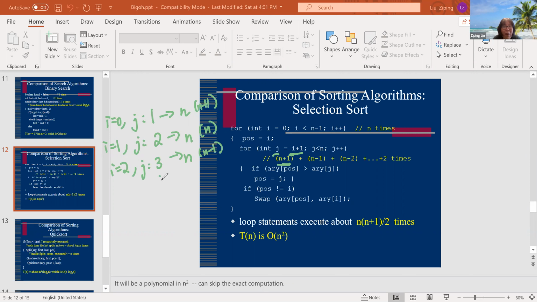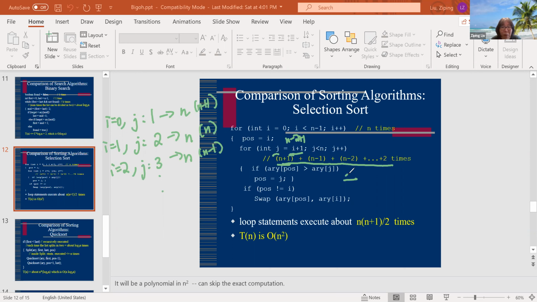And you keep doing like this until j is n minus 2, and plus 1. How many times is that going to be executed? It's the sequence of numbers added together, from 2 to n plus 1. You're going to add all of them together.